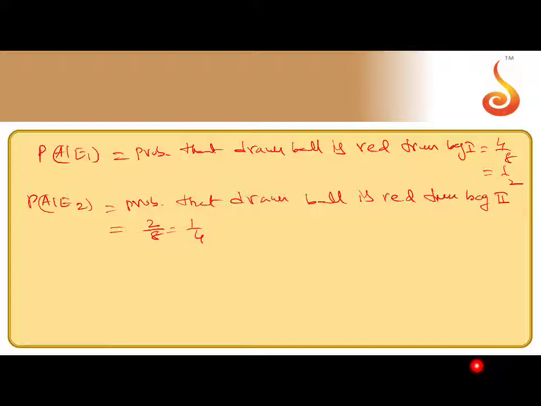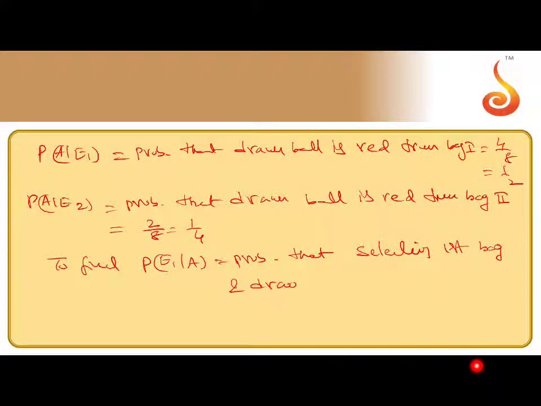Now we are going to take the final step: to find P of E1 given A, that is, the probability that the first bag is selected and the drawn ball is red.